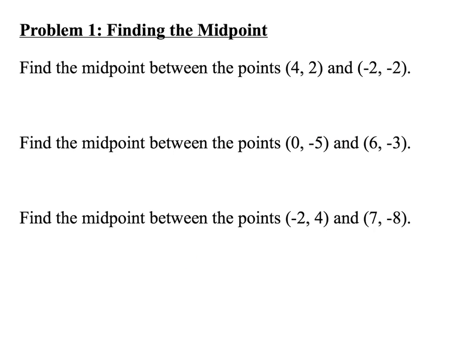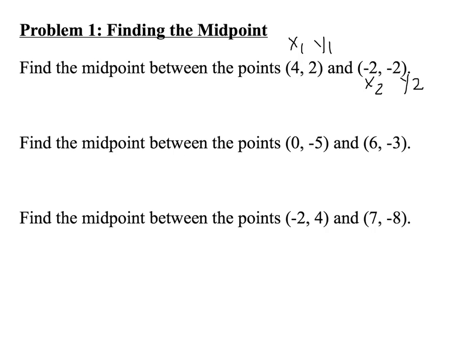So like I said before, when you're first solving these problems, you want to first label your points x1, y1, x2, y2. So this would be my x1, y1. This would be x2, y2. And it doesn't matter the order that you have them, you're still going to get the same answer, even if I labeled -2, -2 as x1, y1.